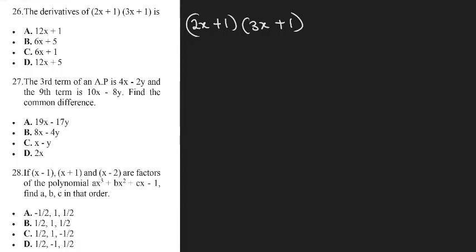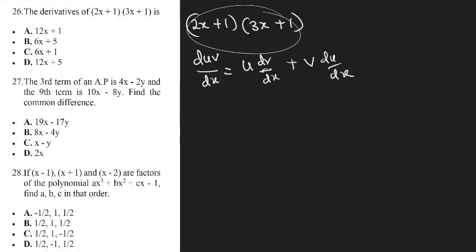And the formula for product rule is given by d(uv)/dx is equal to u dv/dx, right? Plus v du/dx. So this is the formula.